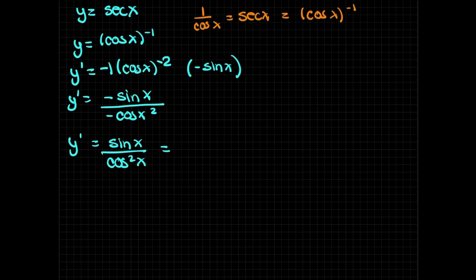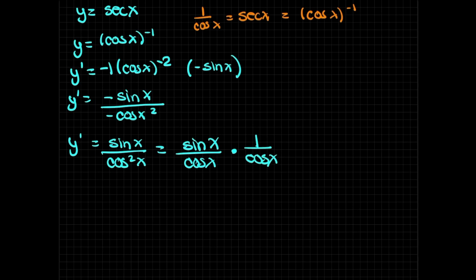We can break this down a little bit. So I'm going to erase that. So I want to break this down a little bit. Sine x over cos squared x really is equal to sine x over cos x times 1 over cos x.